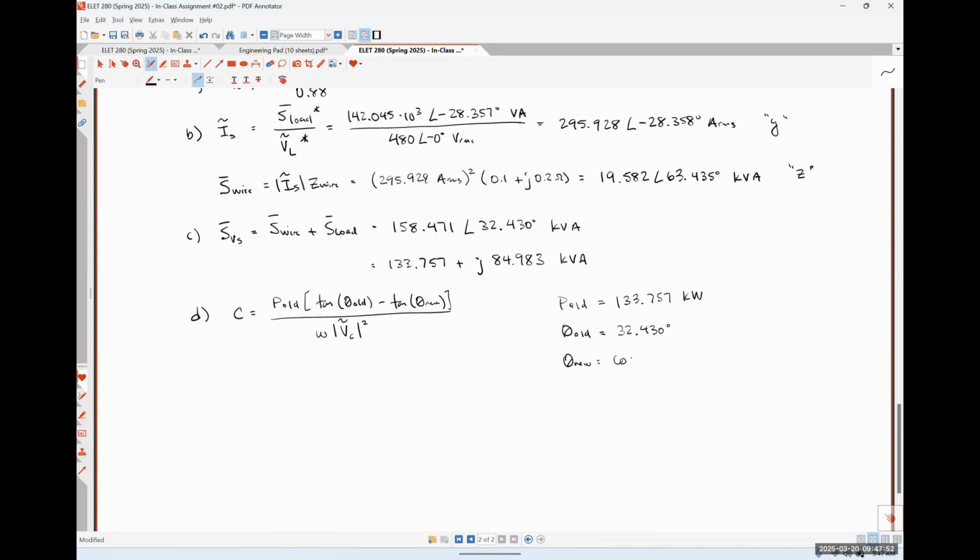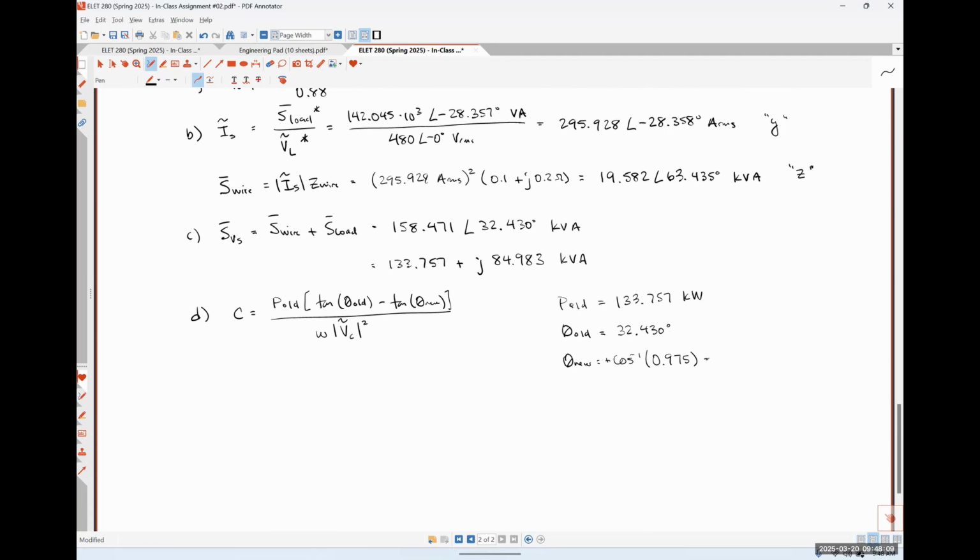So this will be the inverse cosine of 0.975. Because we're told that our target power factor is lagging, we need a positive angle for this guy. So I'm just going to indicate that by putting a little plus sign in front.